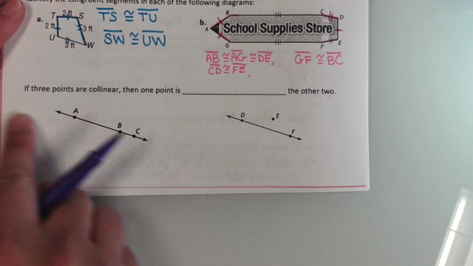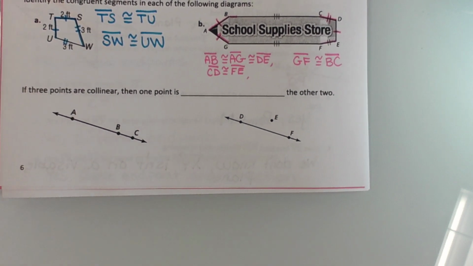So for example, here we have collinear points A, B, and C. When you're talking about collinear points, just referencing something I saw in the quiz, and yes, I plan to show you your quiz today, you can either write point A, point B, point C, or you can write points A, comma, B, comma, and C. Technically, you should write an and, but you don't have to.